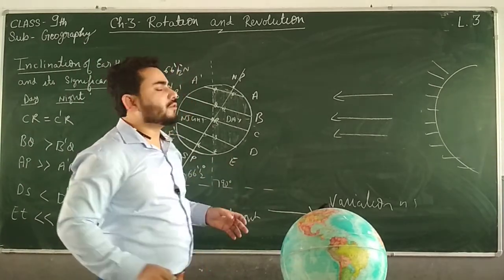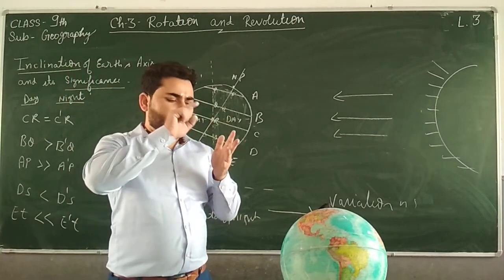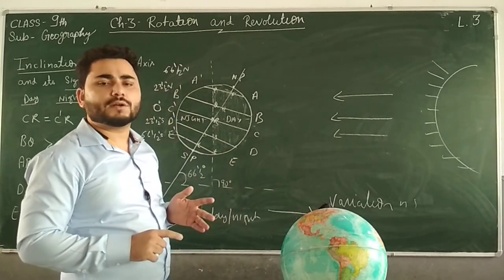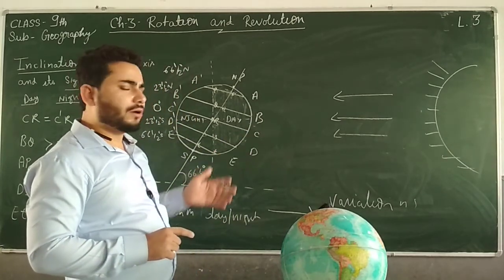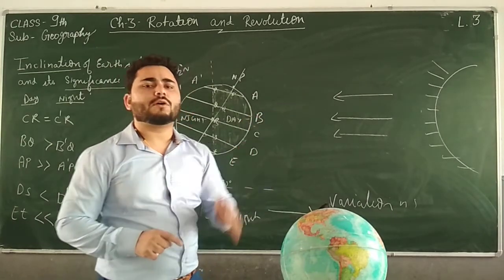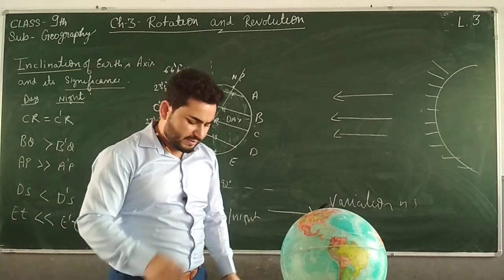So for seasons three things are required: rotation of earth, inclination of its axis, and revolution of earth around the sun. If the earth is stationary at a place, then also we will not observe seasons, which we will study while studying seasons.